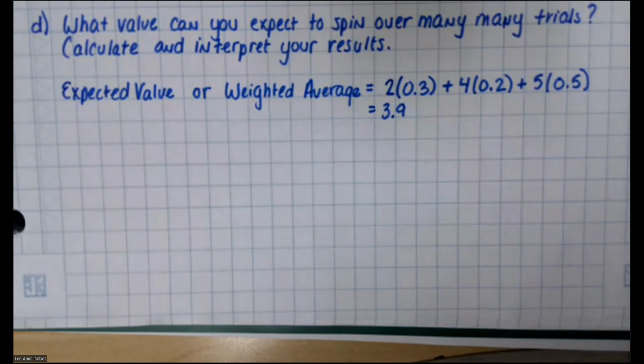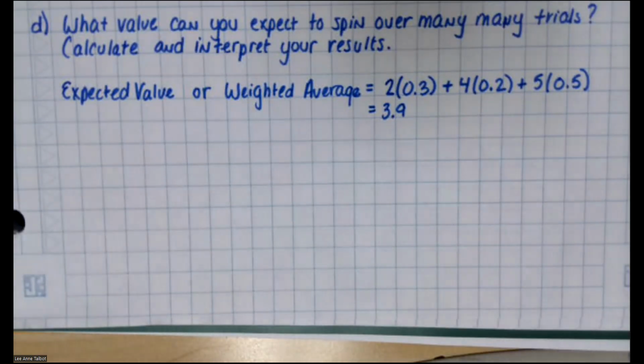On average, you would spin a value of 3.9. It's really hard to bring your brain around because there is not a spot on the spinner for 3.9, right? So you have to imagine that this is after many spins over time, you would expect to spin 3.9. You can't get 3.9 on any one spin though. So this is like infinite spins.